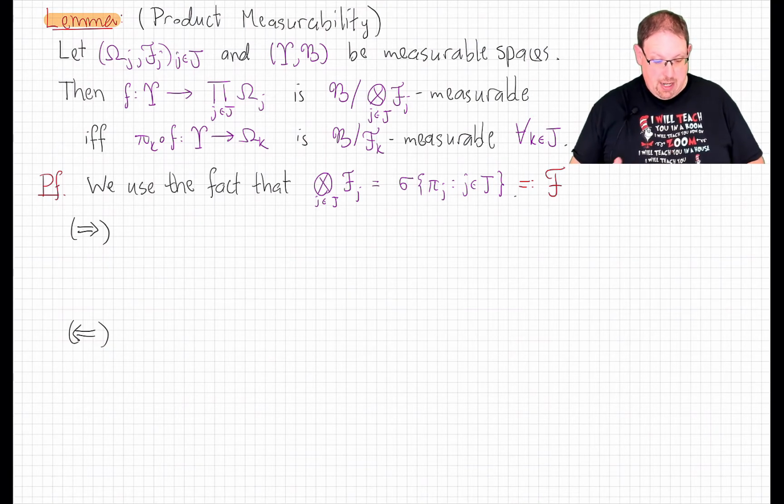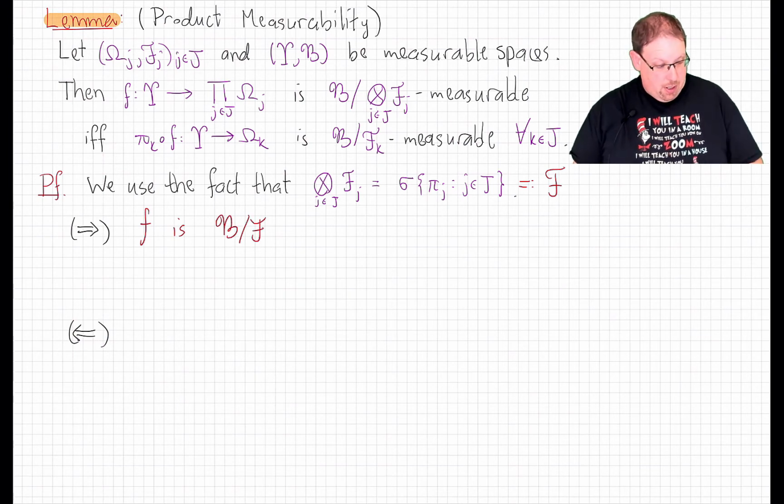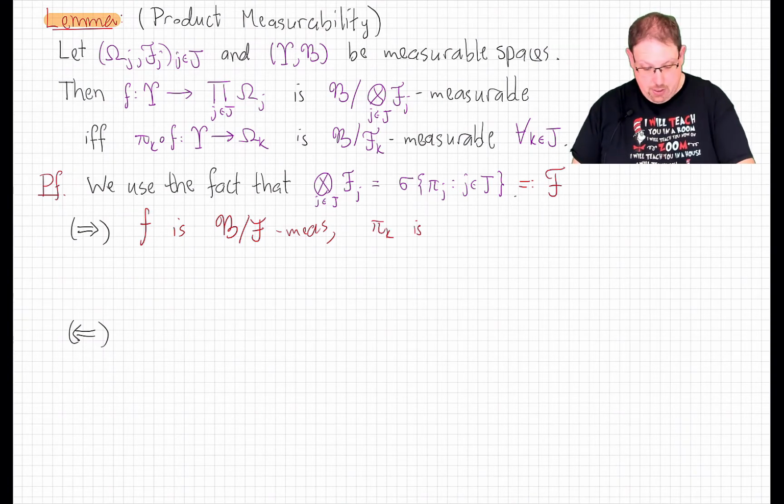First, we'll show that if F is measurable, then all of the projection compositions with it are measurable. Well, by assumption, F is measurable from B to the product sigma field F, and each projection is, of course, Fk measurable.